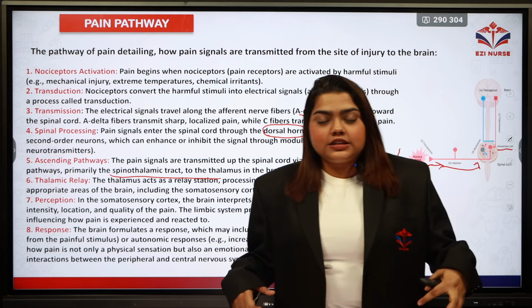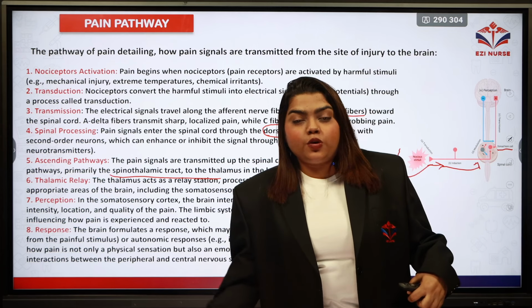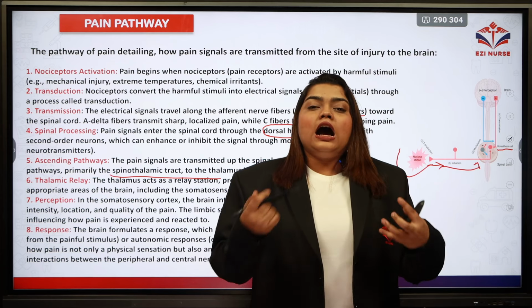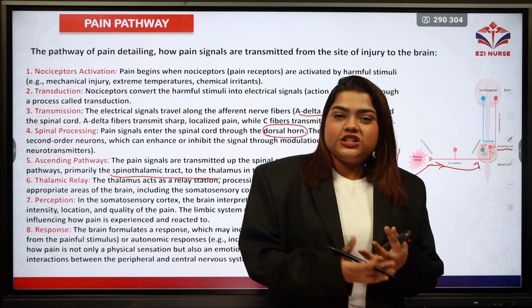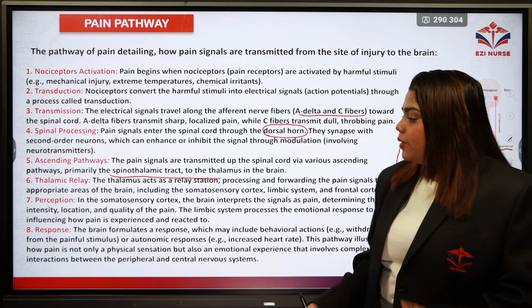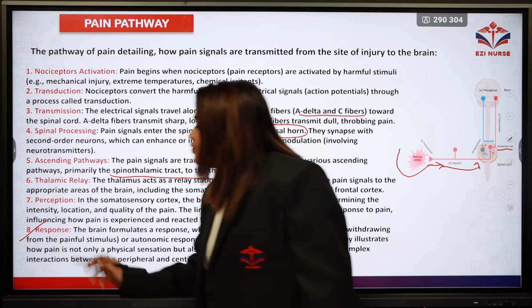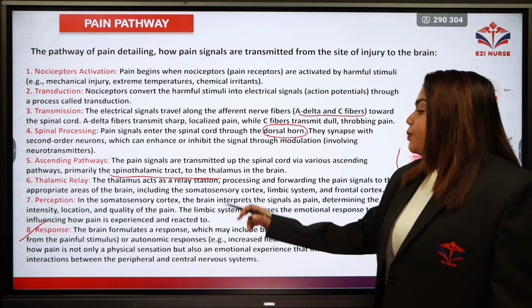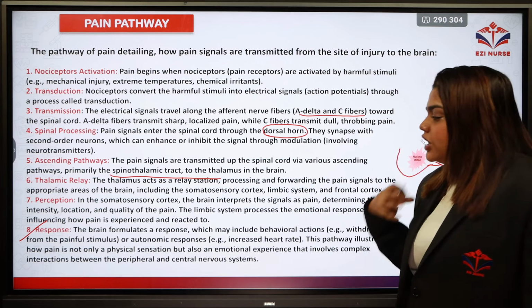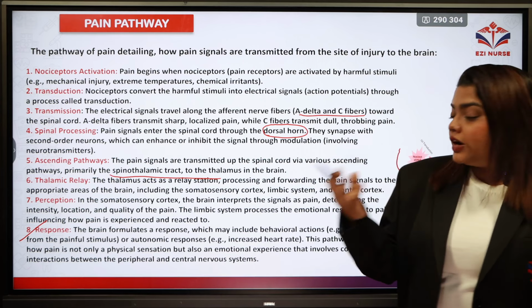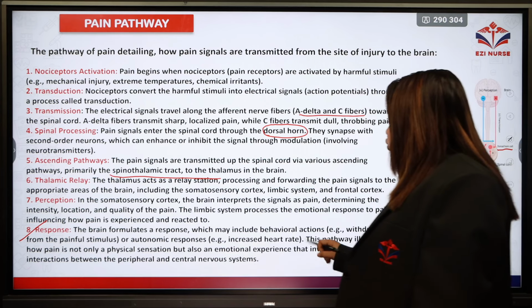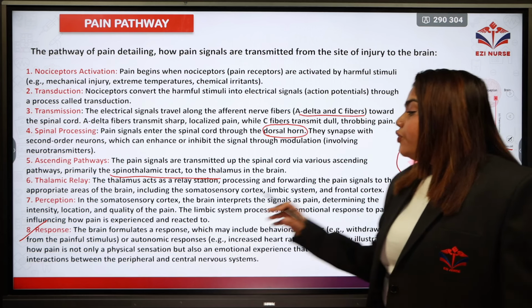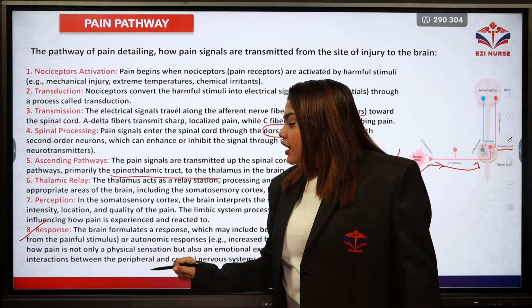Our limbic system will start to respond regarding the pain: is the pain sharp or dull, and in the last the response will occur. The brain will formulate different responses to different kinds of pain, which may include behavioral actions like withdrawing from the painful stimulus.